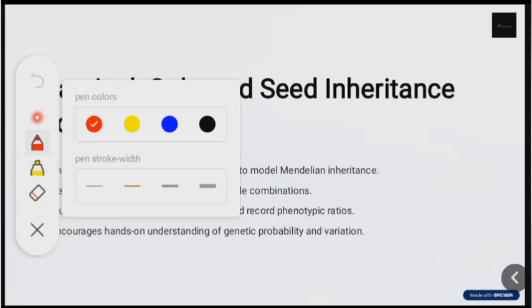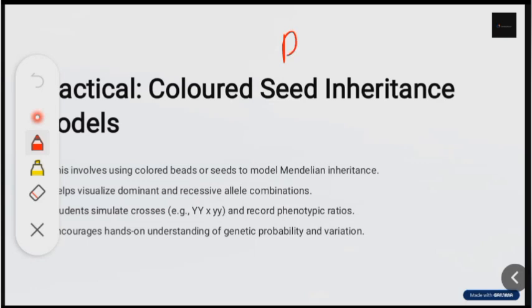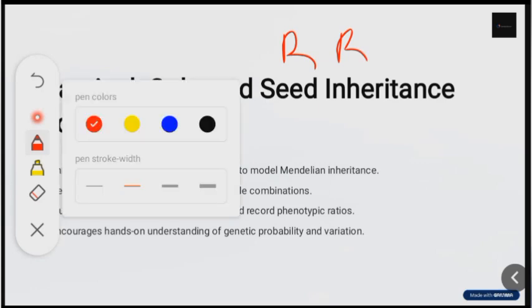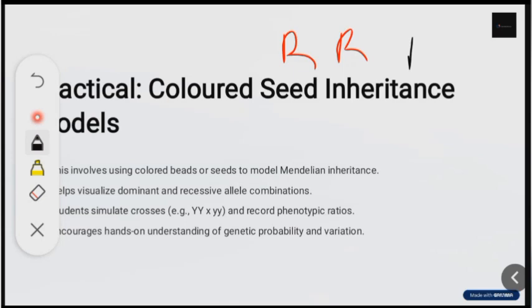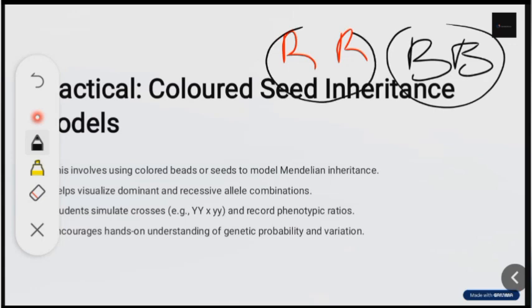So you get two red beads and then two black beads. So this would be one parent, and this would be the other. This parent has the trait for being red.